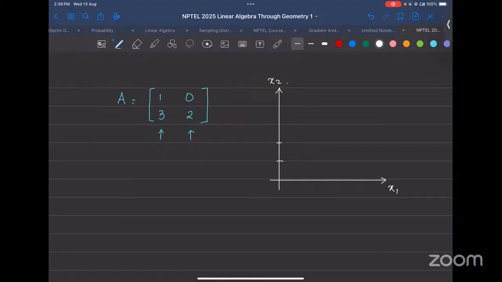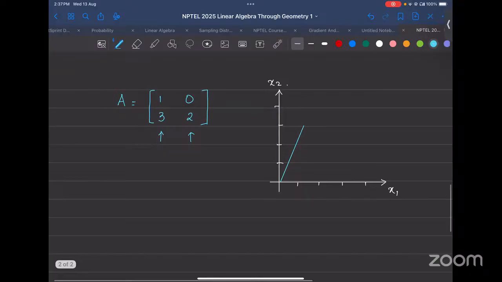The first vector is 1, 3, which corresponds to this vector. The second vector is 0, 2, which is along the second axis. Let me call this the A1 column and this the A2 column.